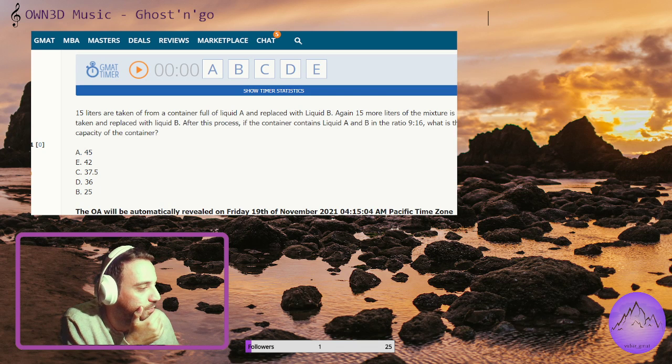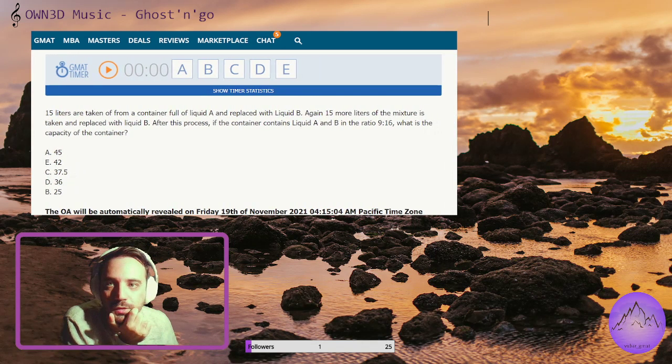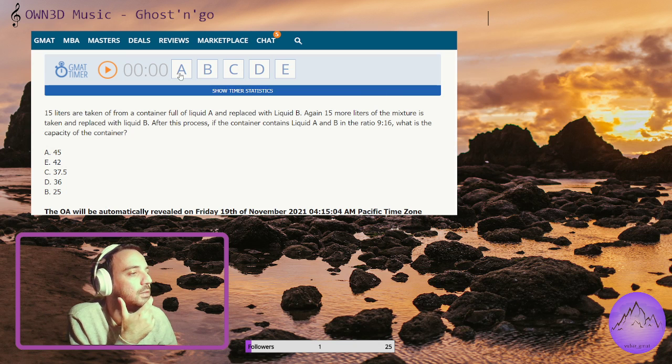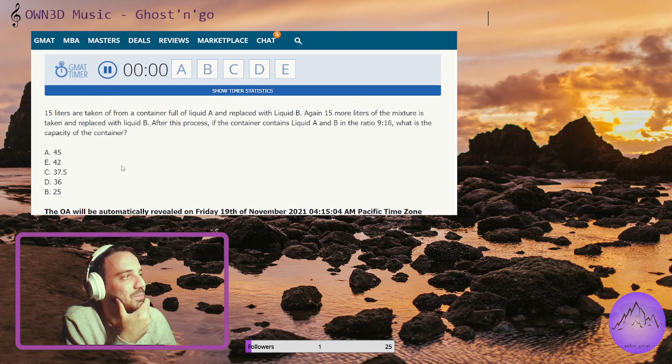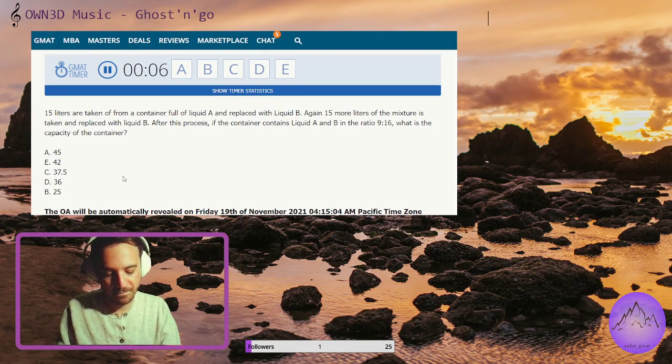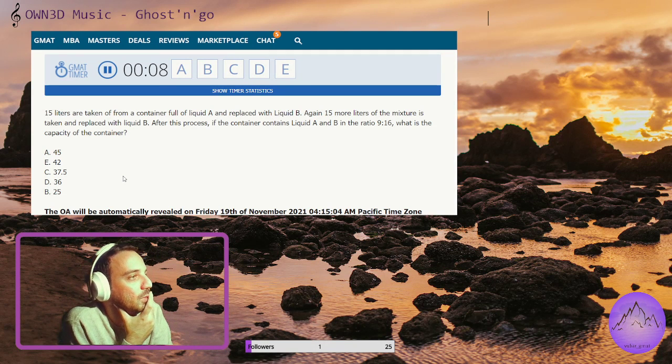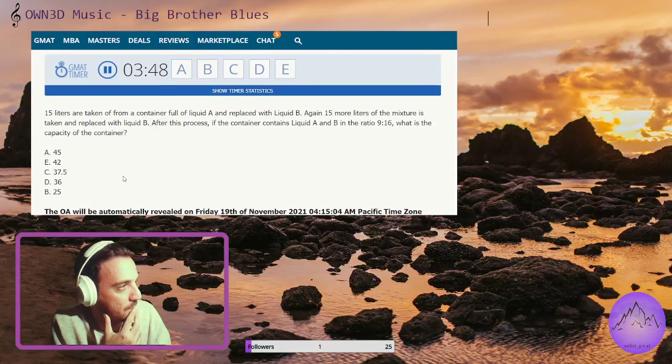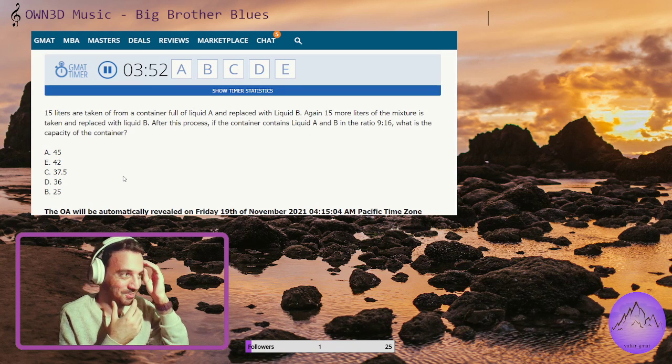Oh, the edge is cut off. There we go. All right, let's go. Oh, I don't actually have an answer for this one. Hopefully I can work it out. Yeah, no, I'm struggling.